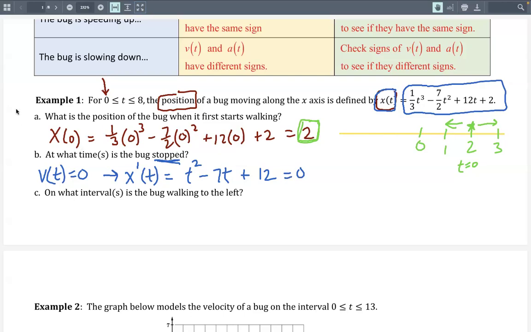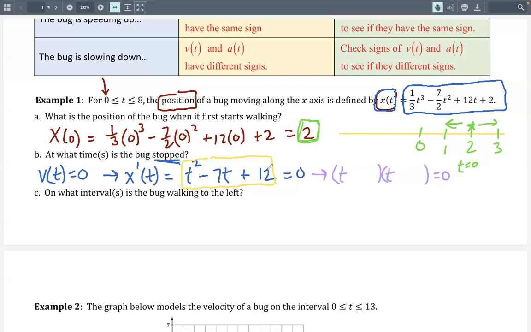So now we're trying to solve this. We're trying to say for what value or values of t this velocity function's outcome is 0. To do this, you could use the quadratic formula or you could factor. We're going to try factoring since it's a quadratic, and set it equal to 0. To factor t squared, we'd have t times t.